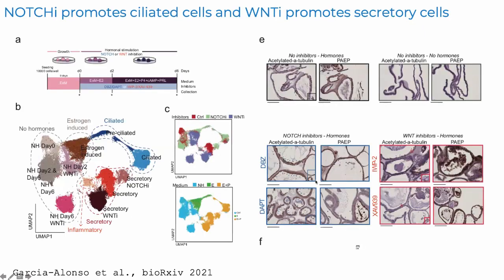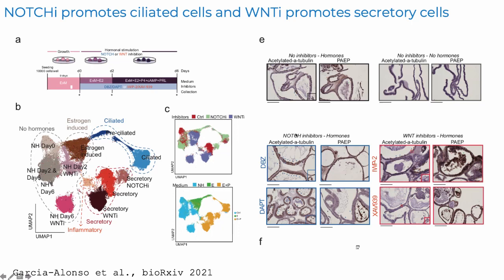Therefore, we have a nice system where we can validate the effect of Notch and Wnt, and that's what we did. In addition to the hormones, we combined them with 2 inhibitors for Notch and 2 inhibitors for Wnt, and we performed single-cell transcriptomics on the different conditions, and in addition, we did some immunostaining. I'm just going to show you how nice the phenotypes were.